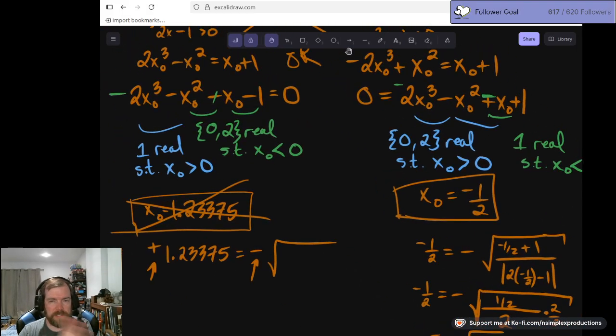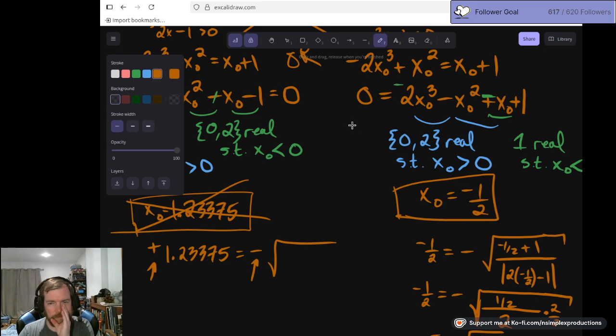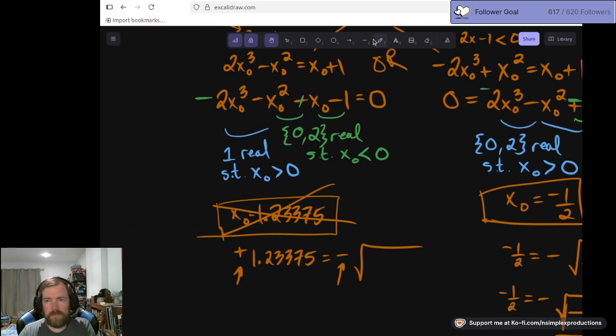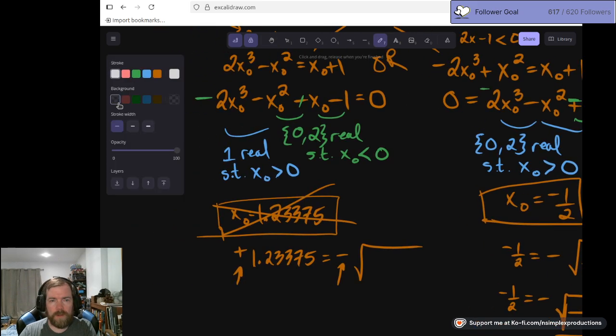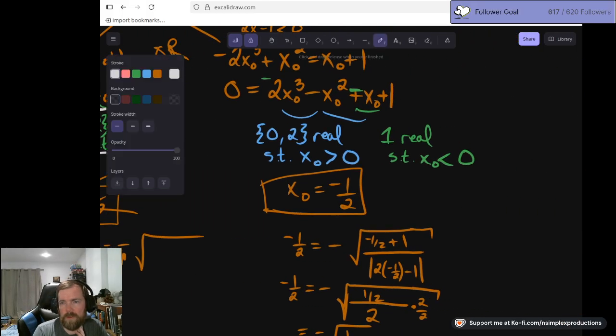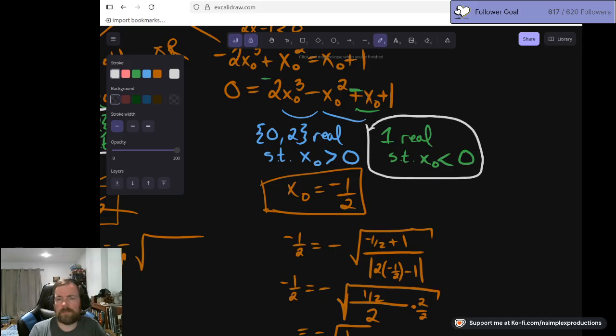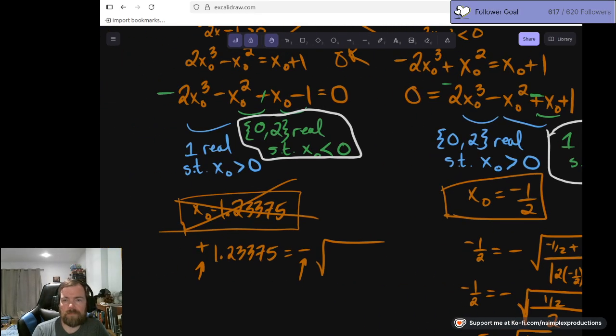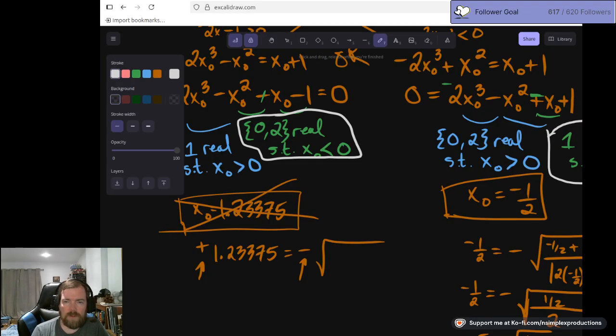We could have said, when we did this Descartes' rule of signs stuff, because we had a negative, it was either going to be 0 or 2, but like this said, there is only one answer.